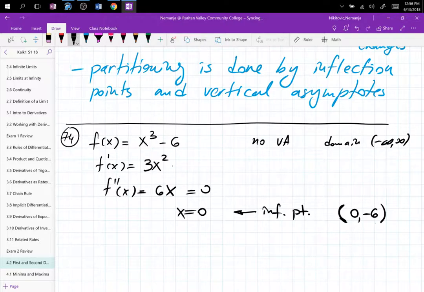So now we do partitioning. The only number that partitions here is 0, your inflection point. You still have your negative infinity and positive infinity on the x-axis. Pick any two test points.